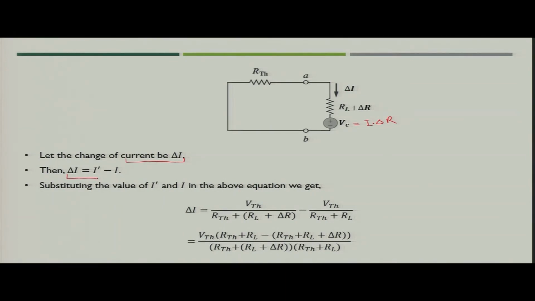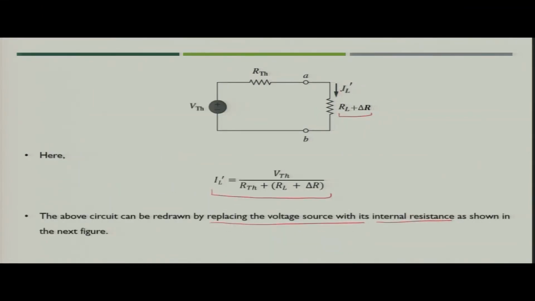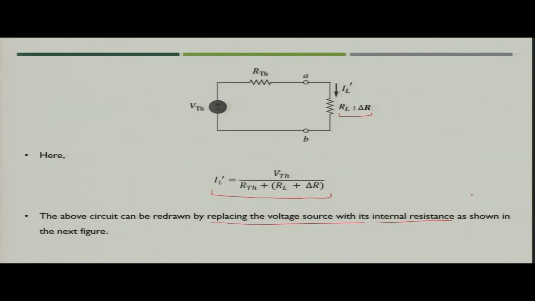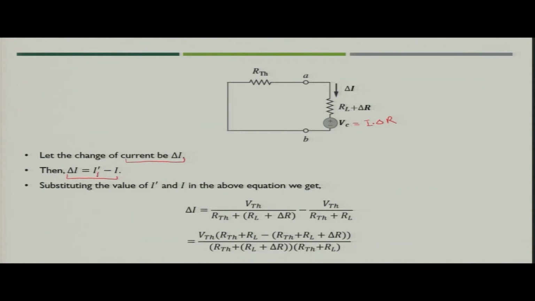So, delta I would be nothing but I dash minus I. I dash was the value where the updated current was flowing when delta R was added, and IL is the original current. So, here the value of delta I is nothing but IL dash minus IL.